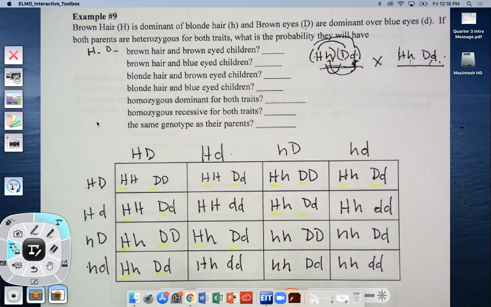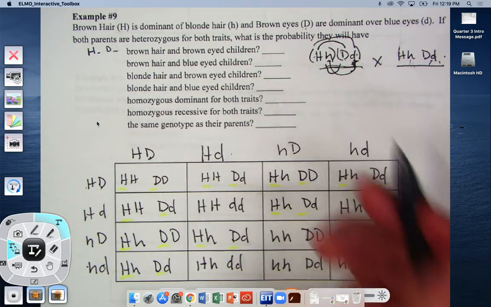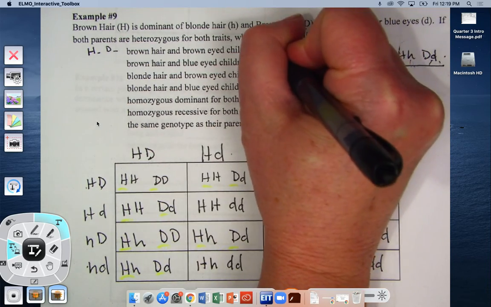Okay, so 1, 2, 3, 4, 5, 6, 7, 8, 9. So 9 out of 16.